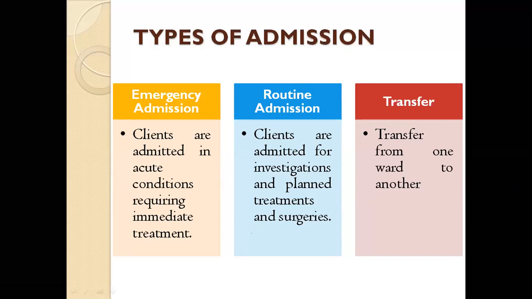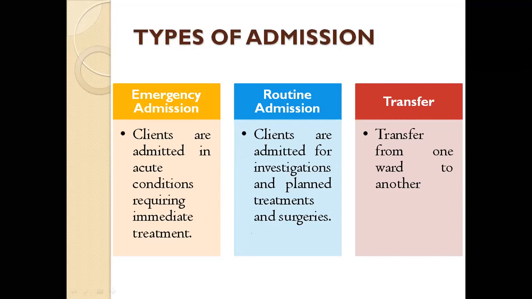Suppose the patient is planned to undergo a cataract surgery. That is a planned surgery, right? So the doctor will advise the patient to get admitted for some time so that the surgery will be successful. That is called routine admission, meaning it is planned from before, and according to the plan, the clients will come and get admitted in the hospital.